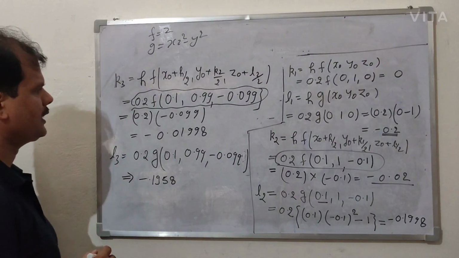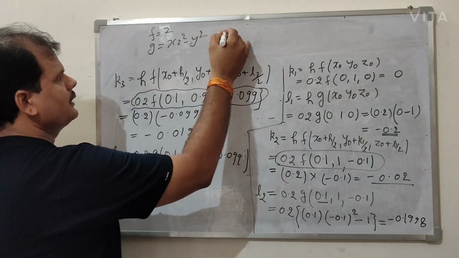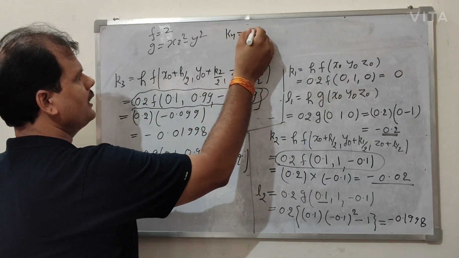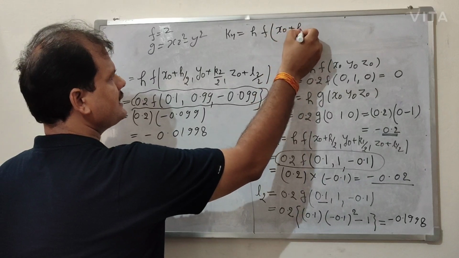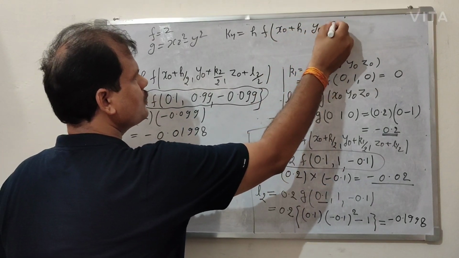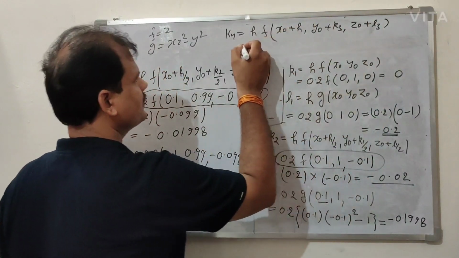Now we'll calculate the K4. So K4 equal to h into f of x0 plus h, y0 plus k3 and z0 plus L3.